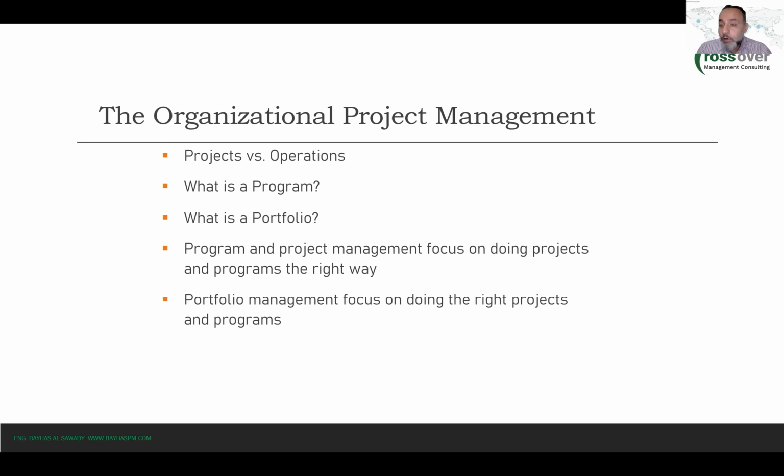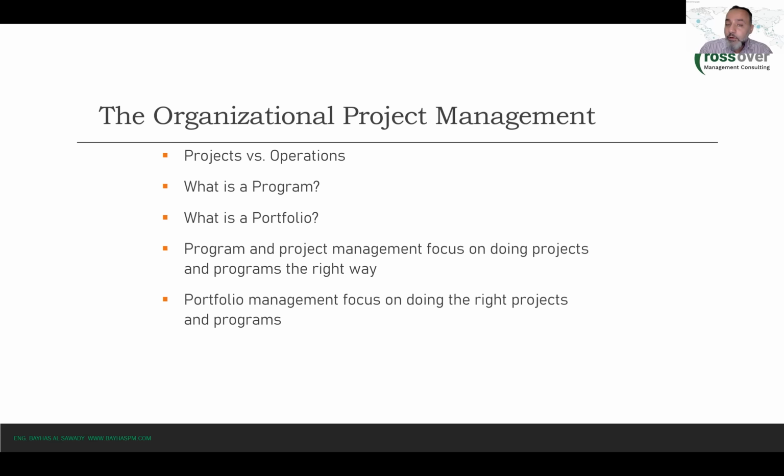But the portfolio management focuses on what? On doing the right projects and programs, on selecting the right projects and programs to include them in the portfolio, to invest in them in order to achieve the strategic objectives.